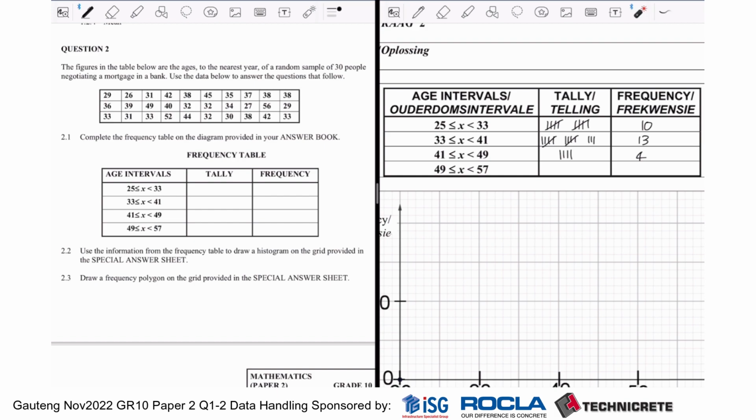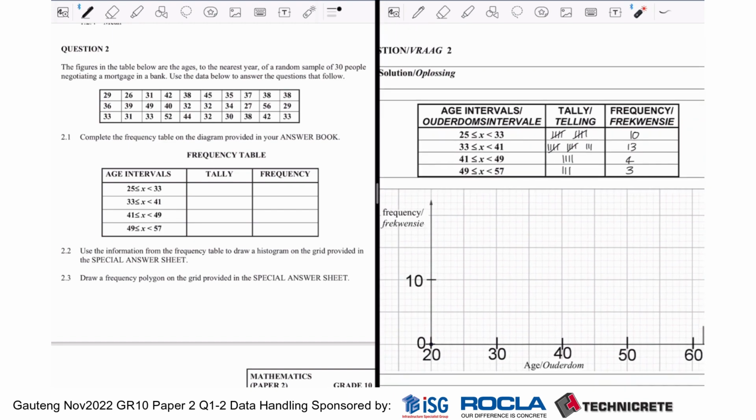And then this is all the rest of them, so 49 or older. 1, 2, 3, and that's it. And then again, I'm just going to add them up and make sure that I've got 30 people in total. So I've counted everyone. So that's 5, 10, 15, 20, that's 23, that's 27, and that's 30.